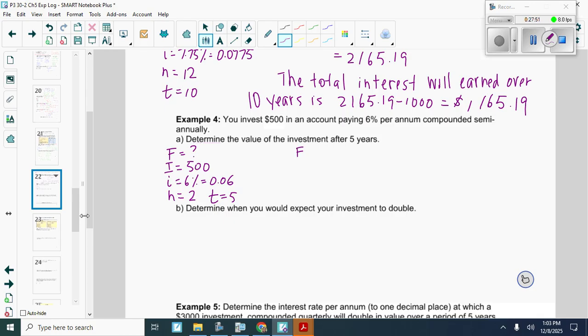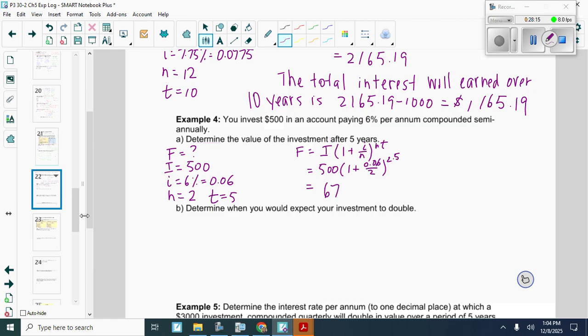So here we go. We have 500, 1 plus 0.06 divided by 2, to the exponent 2 times 5. Okay, we can put that into our calculator.